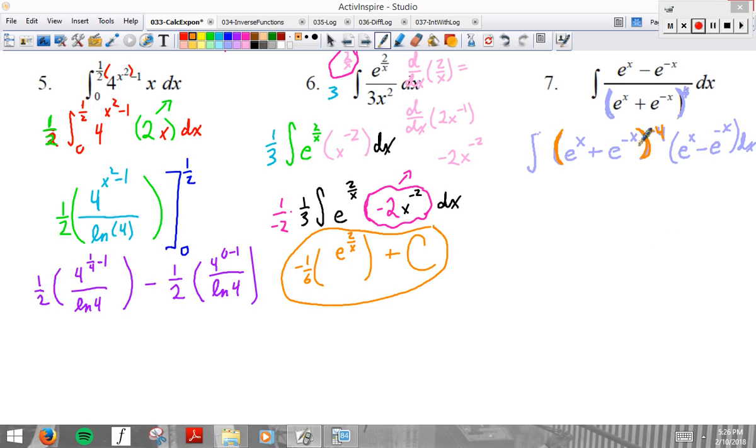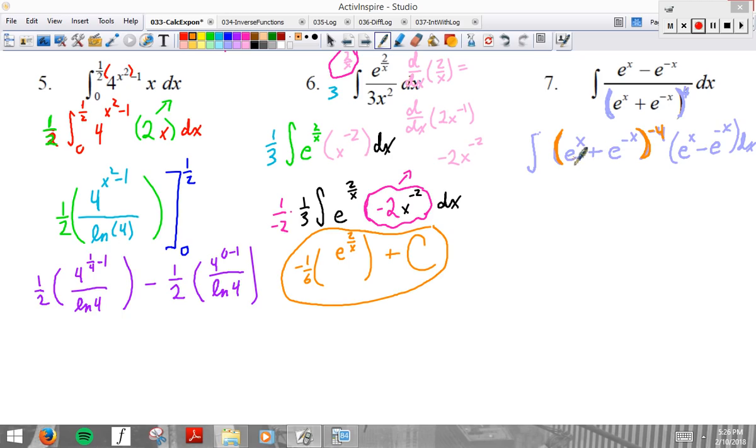I have a group to a power. I have this power function, and I have the inside. What's the derivative of e to the x plus e to the negative x? 3, 2, 1. Did you think about it? I'll wait here. You can pause the video.